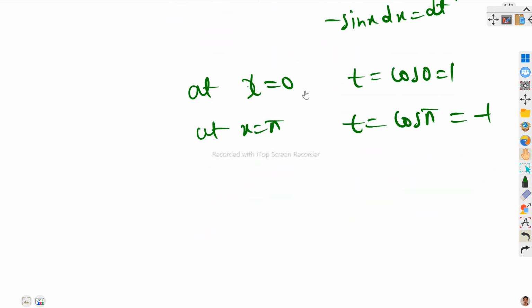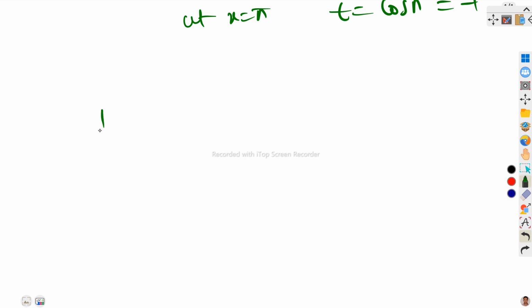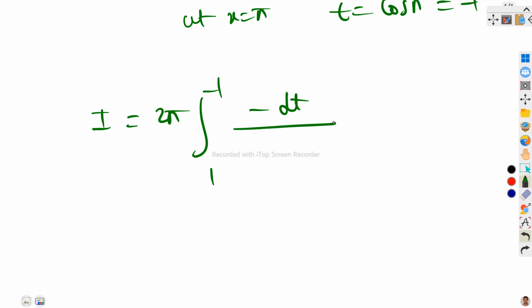So our integral becomes I equals 2 pi times integral from 1 to minus 1 of minus dt upon 1 plus t square.